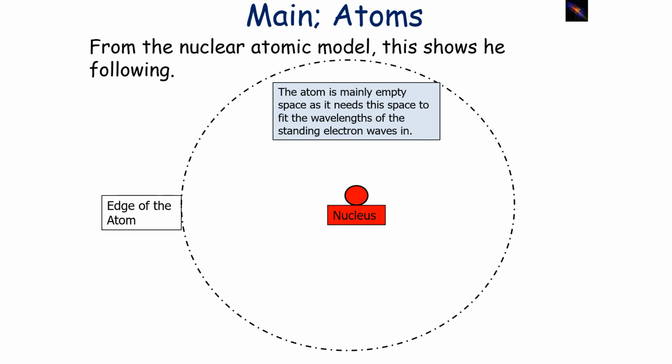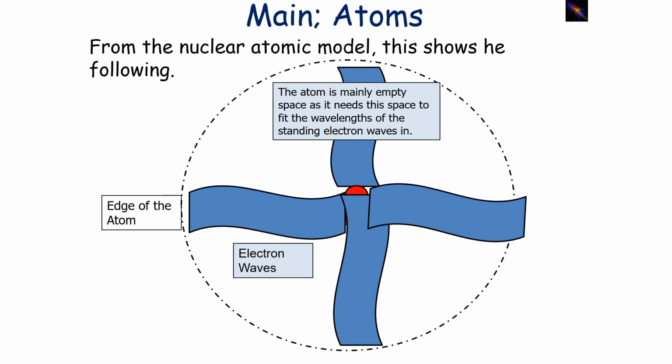Now, from the nuclear atomic model, we can understand why the atom is mostly empty space: it is mostly empty space to fit the wavelengths of the standing electron waves in there. The atom is mainly empty space because the electrons exist in waves around the nucleus, not as particles, and we need this space to fit in our wave.